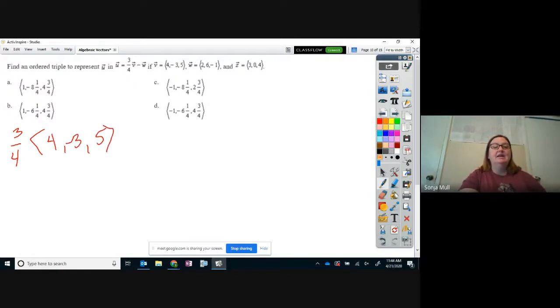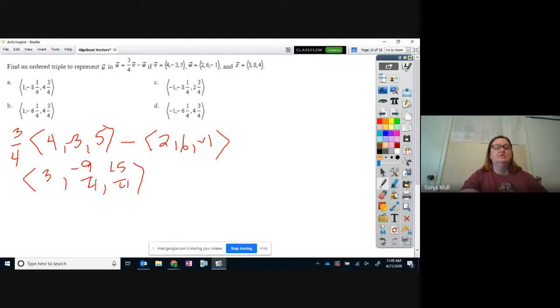And then minus w, which is 2, 6, -1. I wanted to do one with a fraction. So 3/4 times 4 is 3, 3/4 times -3 is -9/4, and 3/4 times 5 is 15/4. And then I'm going to subtract this vector.